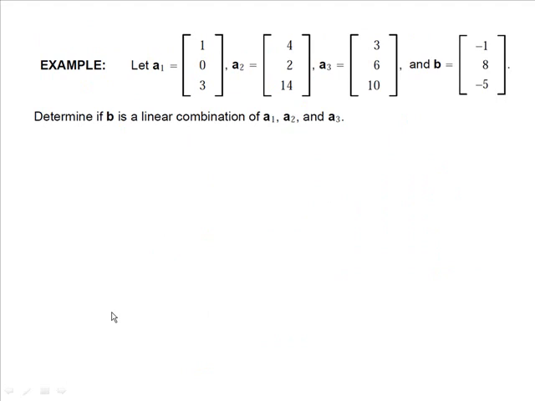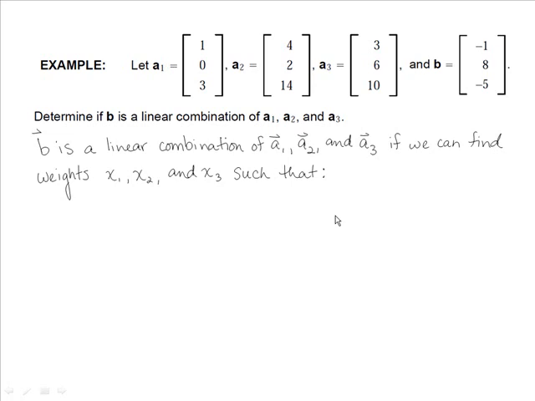In this example, we want to let A1 be the vector 1, 0, 3, A2 be the vector 4, 2, 14, A3 be the vector 3, 6, 10, and B be the vector negative 1, 8, negative 5. We want to determine if B is a linear combination of A1, A2, and A3.